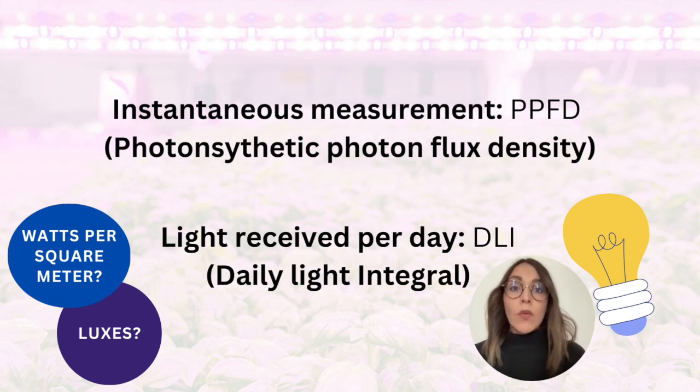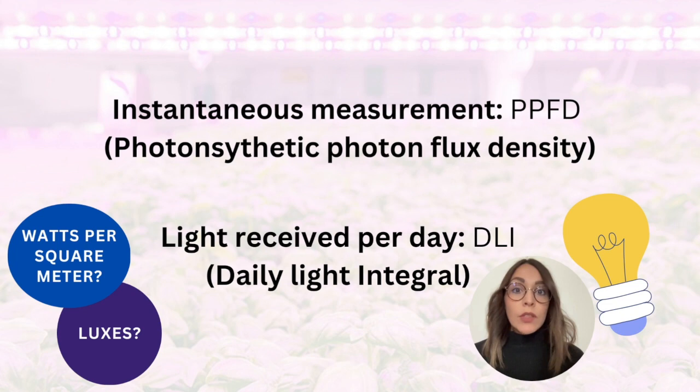However, if you want to know the amount of light that the plant is receiving per day, then we rely on the DLI, which is the daily light integral. The unit is moles per square meter per day.